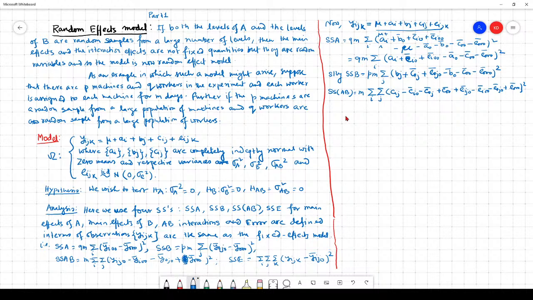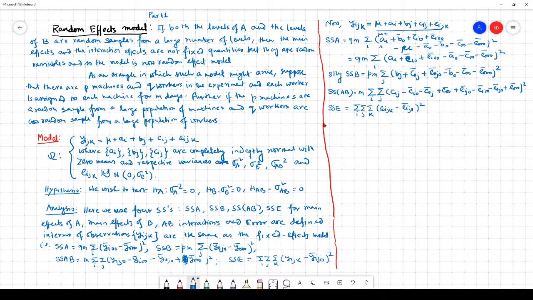And SSE is equal to the summation over ijk of (Eijk minus Eij naught bar) whole square.